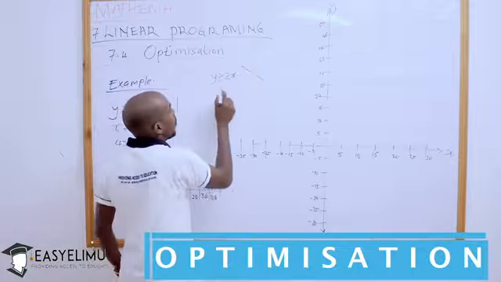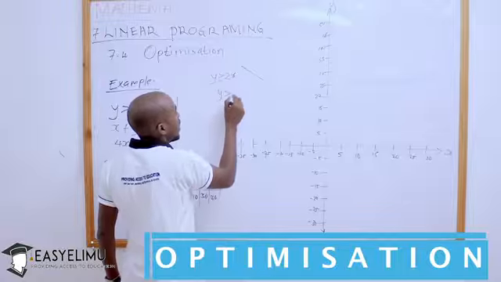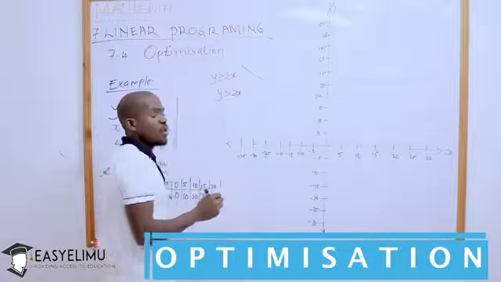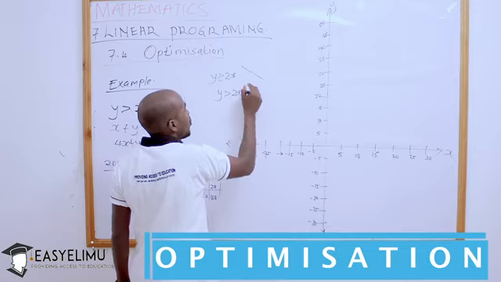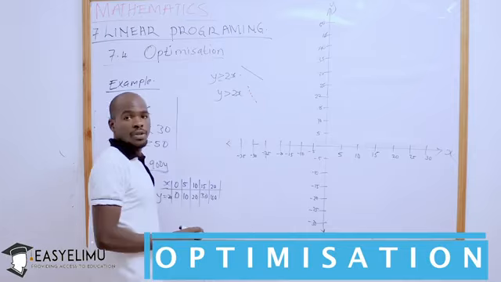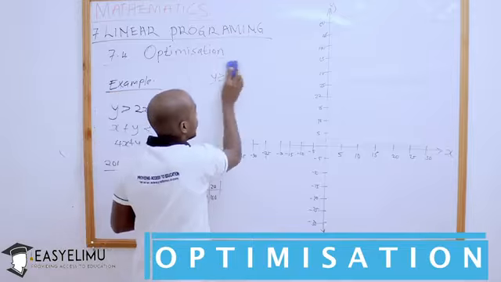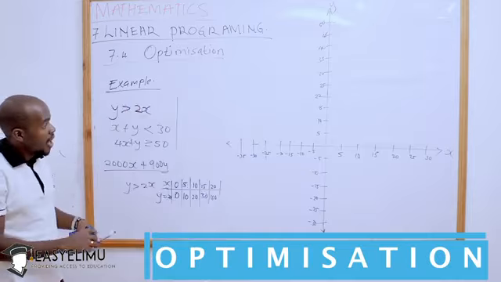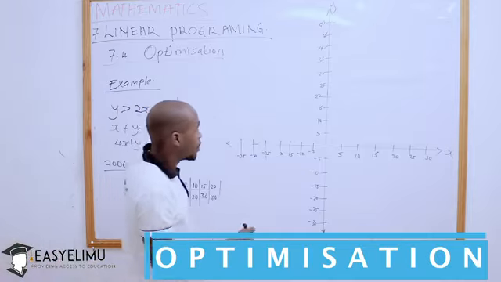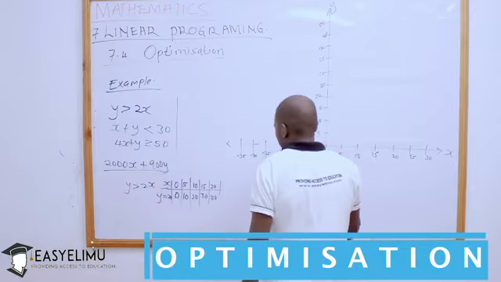But because we have y greater than 2x, the line will be dotted. That is how we differentiate the inequalities. Now let's use that technique to draw it on the Cartesian plane.